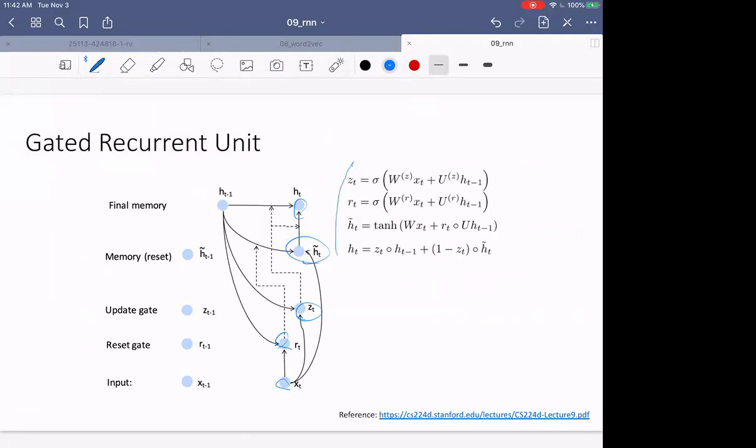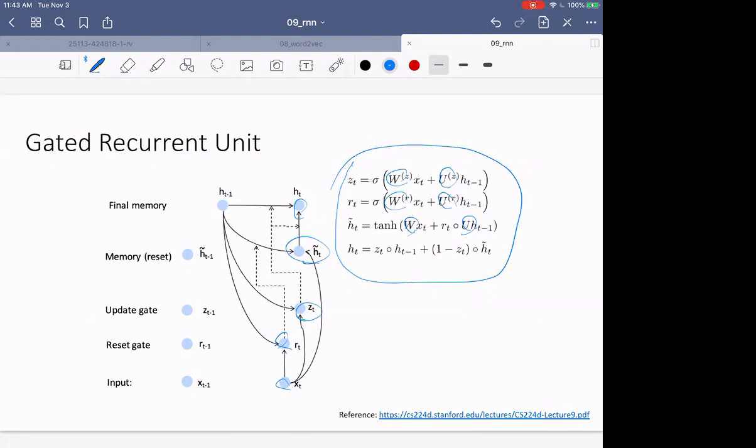So these 4 equations are all you need to implement GRU. So you can actually implement them from scratch using PyTorch or TensorFlow. You just need how many weight sets? You just need 1, 2, 3 sets of W matrices and 1, 2, 3 sets of U matrices, and that's it.